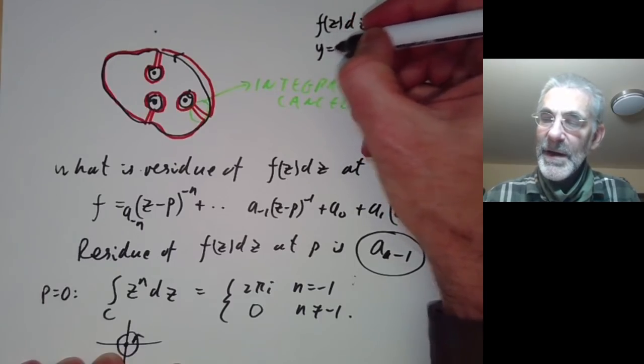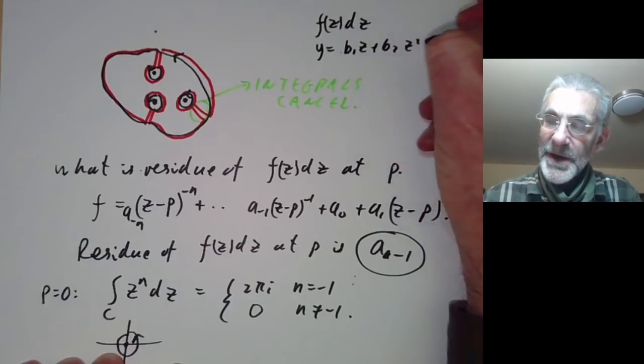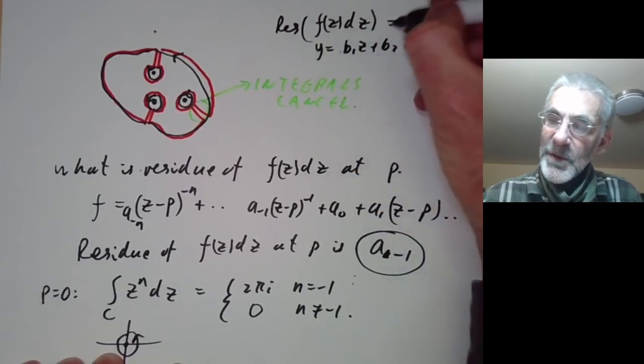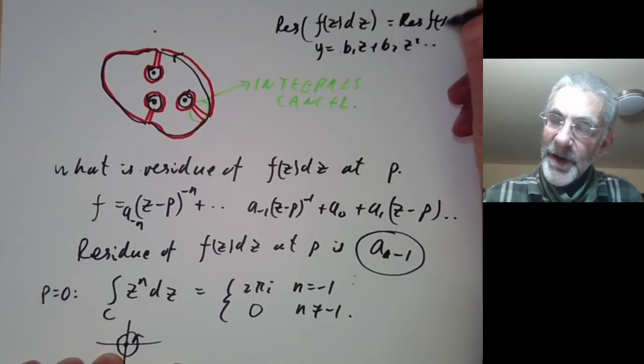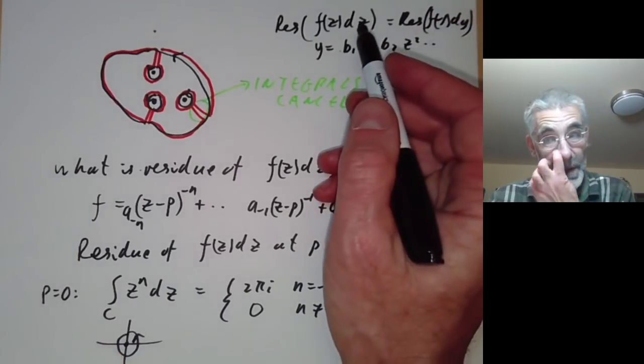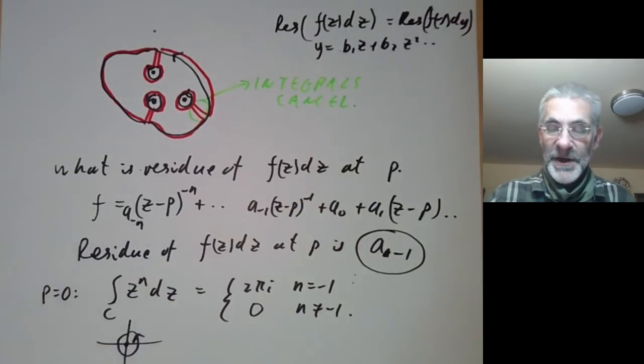So if we put y equals b_1 z plus b_2 z^2 and so on, then the residue of this is equal to the residue of f(y) dy at the corresponding point. Whereas if we don't put in the dz there, then the residue might actually change if you change variable.